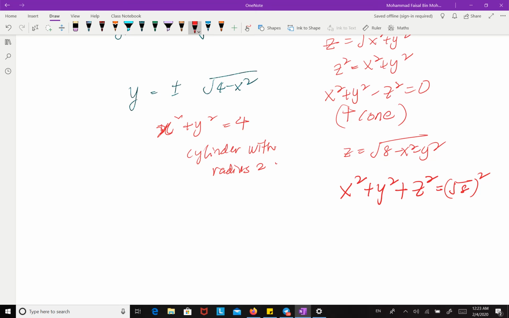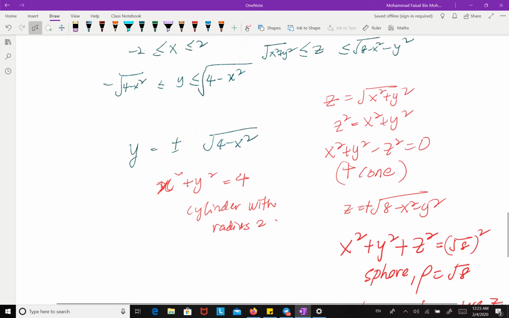So this is a sphere with radius square root of 8. This is positive z, so we just represent this as a hemisphere, half of a sphere, positive z.